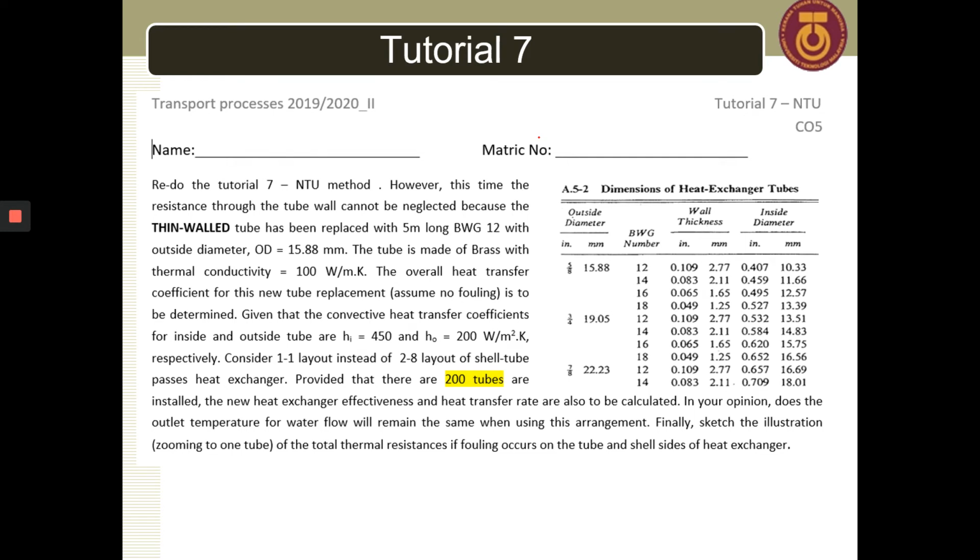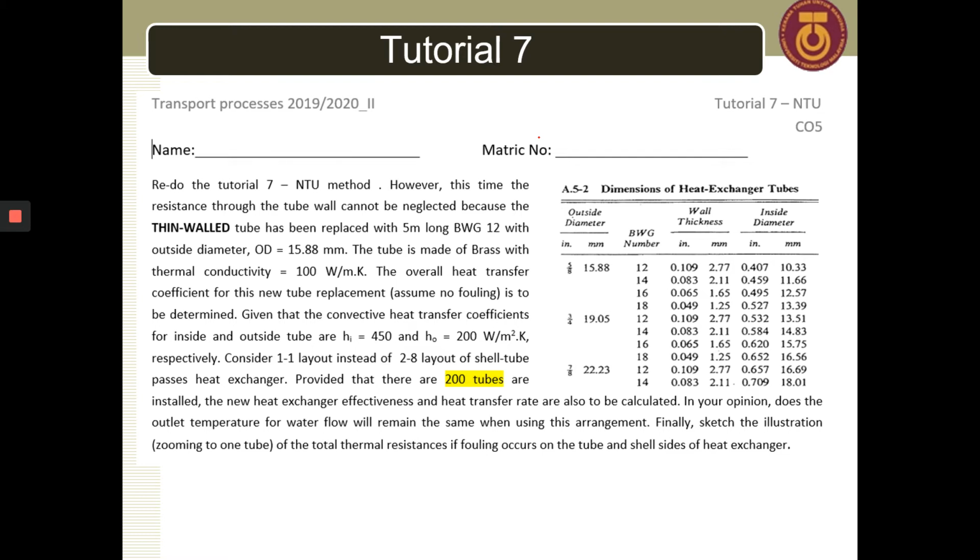Let's have a look at tutorial 7. Let's discuss tutorial 7. If you have further questions on example 2, you can ask later, or you can discuss with your friend. For tutorial 7, I just want to expand on the question in tutorial 6.